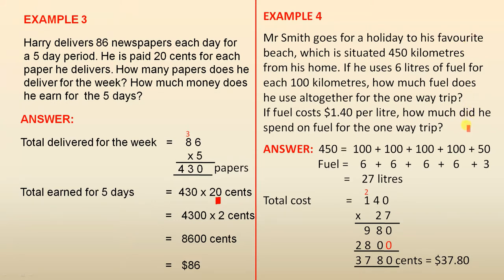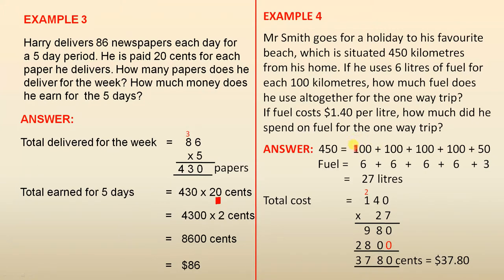Now, for the first part of the question, we have to work out how many litres of fuel he used. Now, if we break up 450, this is just one way of doing this, and you can do it many ways, into 4 lots of 100 plus 1 lot of 50. Now that adds up to 450.